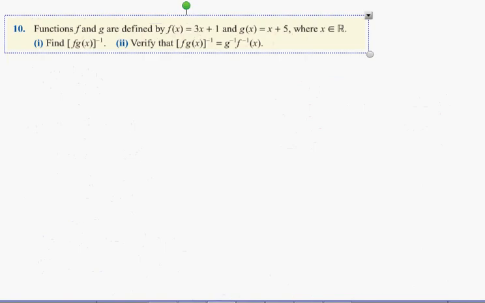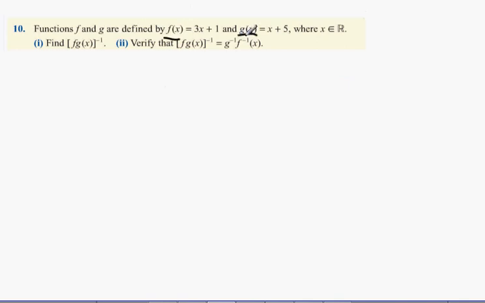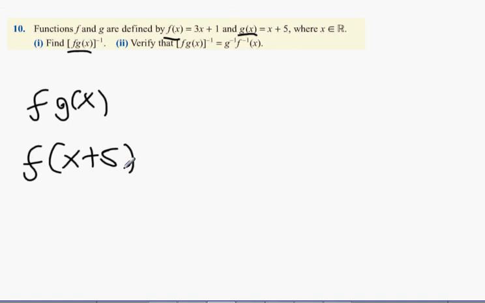Number 10. Okay. Functions f and g are defined by the formula f of x and g of x. Find f after g of x, guys. Now what is f after g of x? Can anybody remember? It basically means f of g of x. Okay?